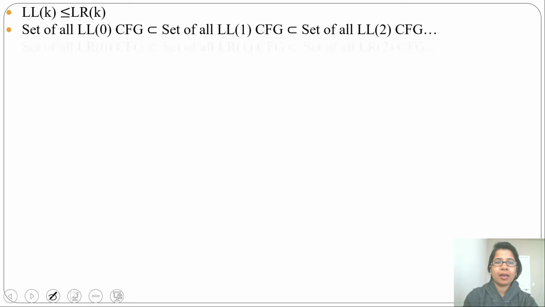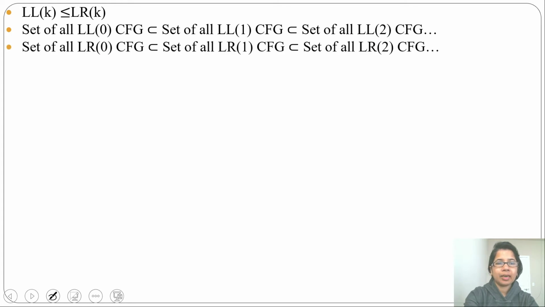And for LR also, set of all LR0 context free grammar is a subset of set of all LR1 context free grammar. And LR1 context free grammar is a subset of set of all LR2 context free grammar. And LR2 is a subset of LR3 context free grammar, like this.